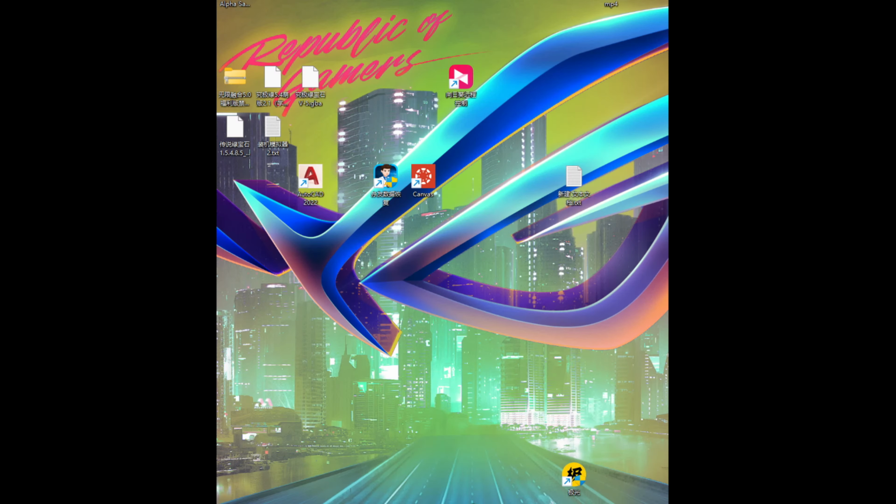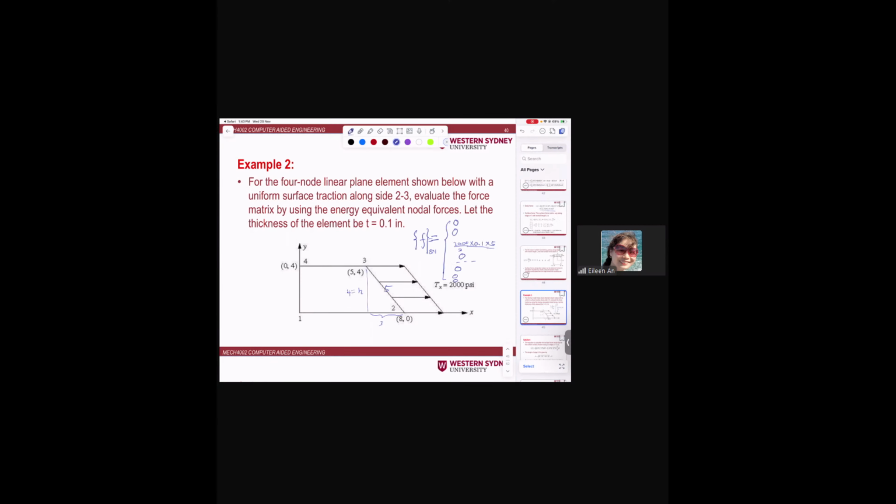So this is the pressure, the node force at node 2. How about the y direction? 0, right? How about node 3? Same, and then 0. And node 4? 0, 0. Okay, this is how we solve this problem.